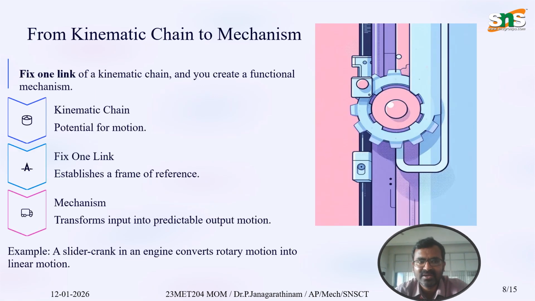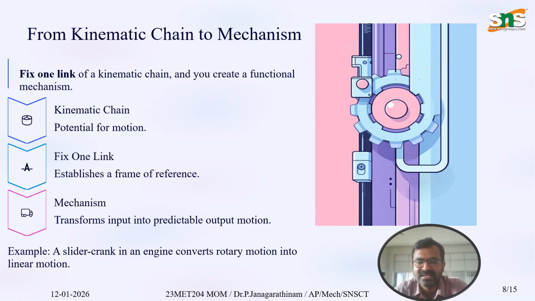From kinematic chains to mechanisms: fix one link of a kinematic chain and you create a functional mechanism, with potential for motion and a frame of reference. Based on that reference, mechanisms transform input into predictable output motion. We give a small amount of force, which is converted into another type or form of energy.